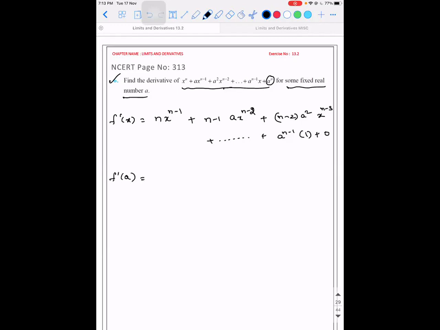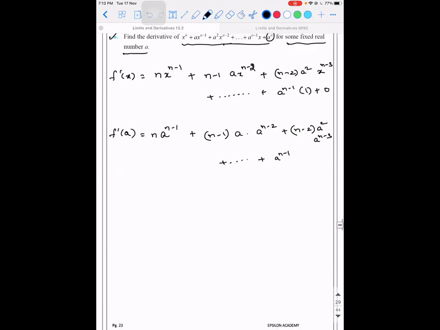So what is f dash of a? n into a power n minus 1 plus n minus 1 into a power n minus 1 plus n minus 2 into a square into a power n minus 3 plus so on till a power n minus 1.